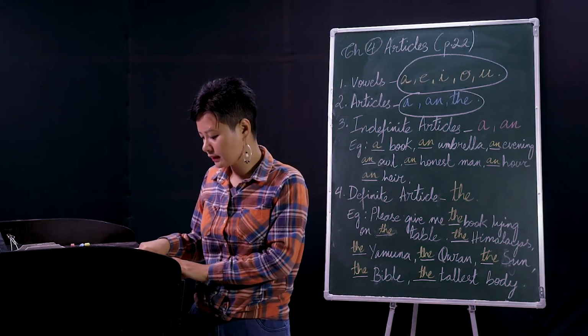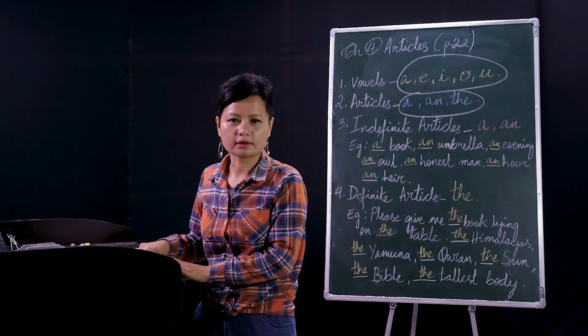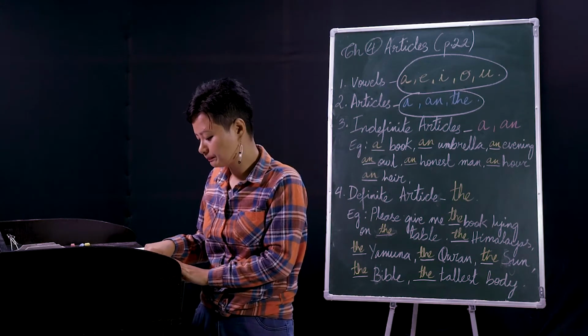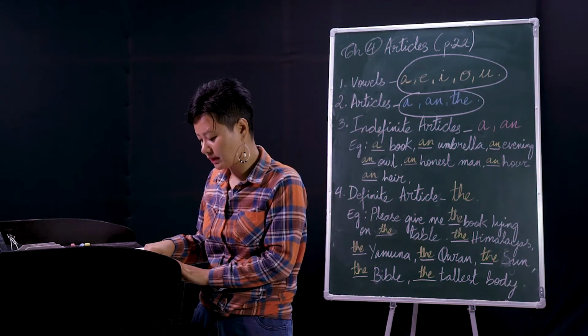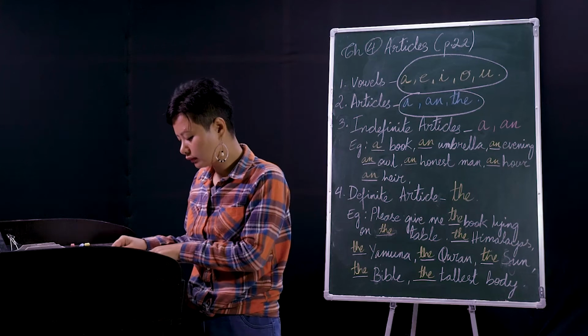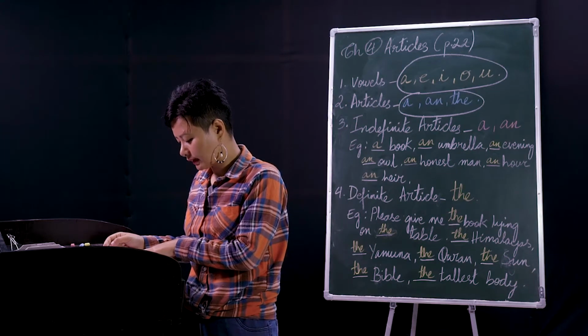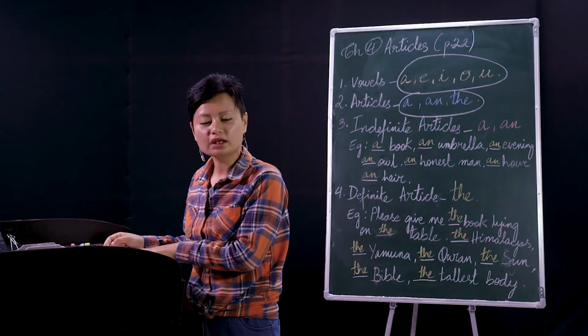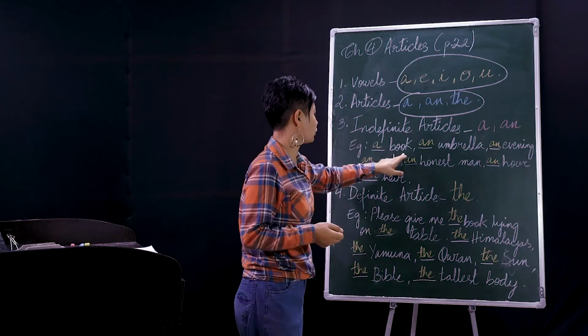Number B in your textbook, indefinite articles. So here, the first rule is that, if you can see the gray box inside that same page, page 22, the use of indefinite articles a and an indicate that those nouns are being introduced for the first time. So here, see, a book.